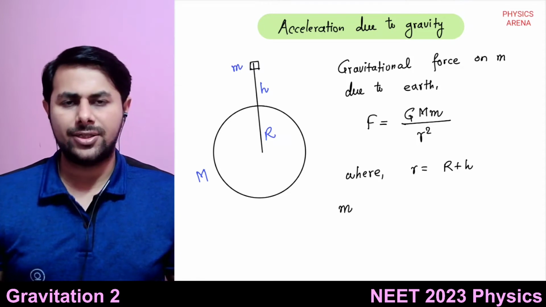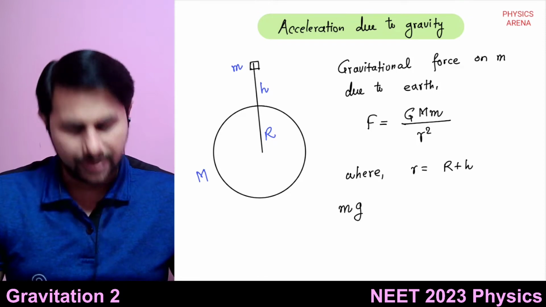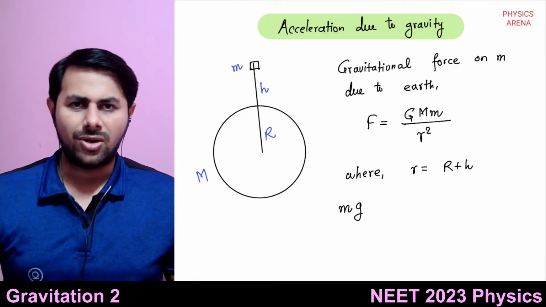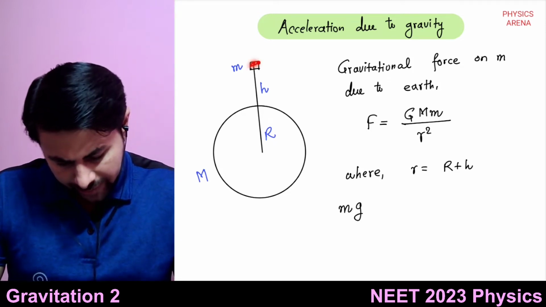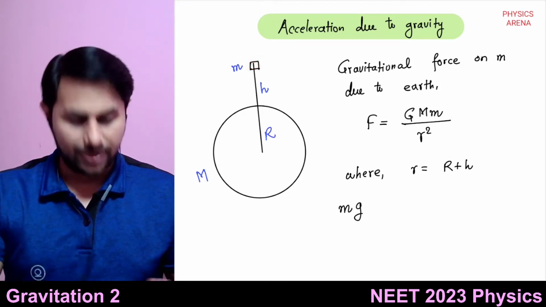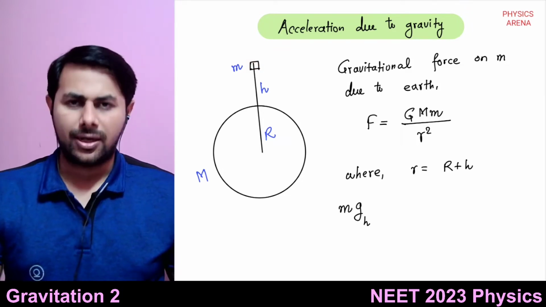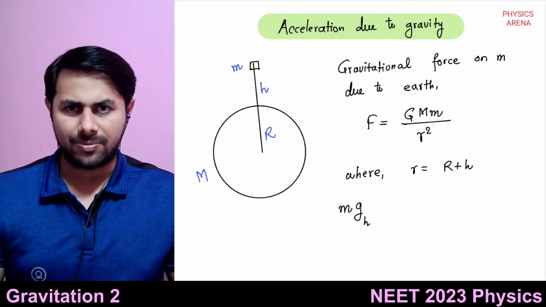But this acceleration is because of the gravitational force, so we'll write it as acceleration due to gravity, g, instead of the common letter a. This mass is at height h, so I will put suffix h, acceleration due to gravity at height h above the earth's surface.